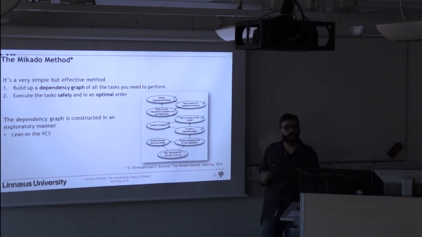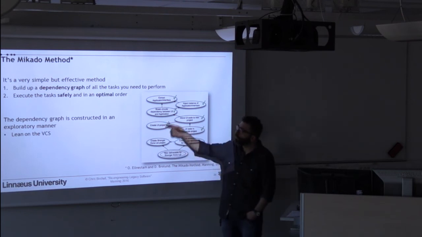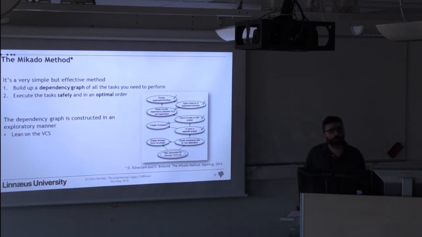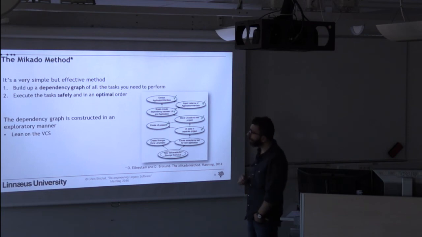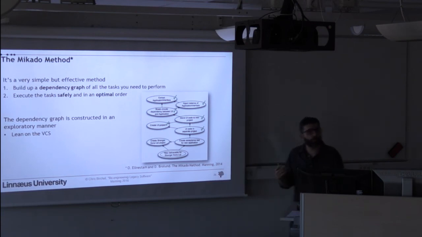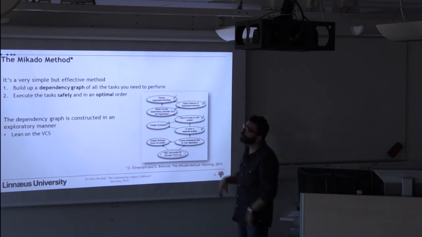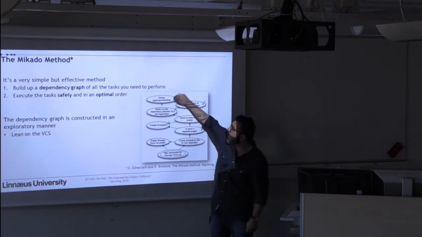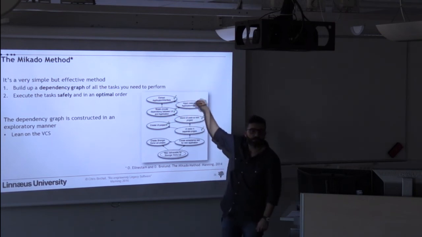The idea is very easy. Okay, you just take paper and pen and try to create a dependency graph of the activities, the things that you need to do in order to improve the quality of your system, and then you execute the tasks safely and in optimal order. Okay, whenever you do something, okay, done, done, done.